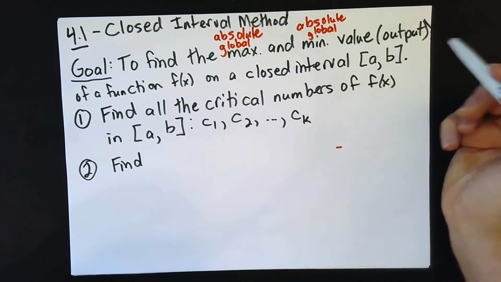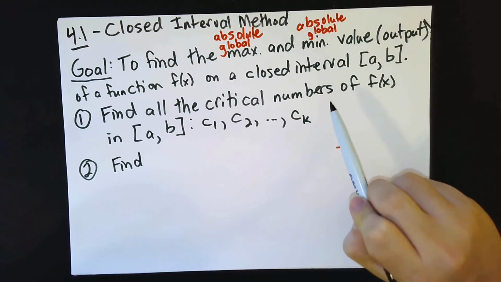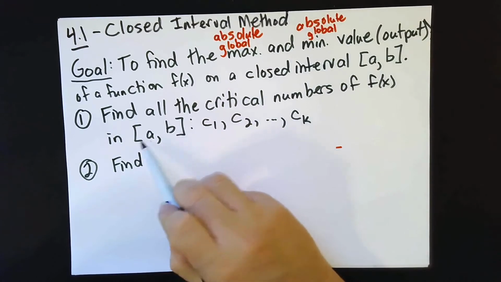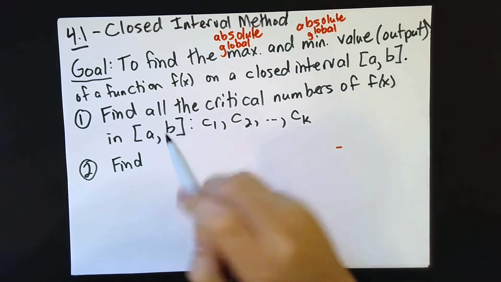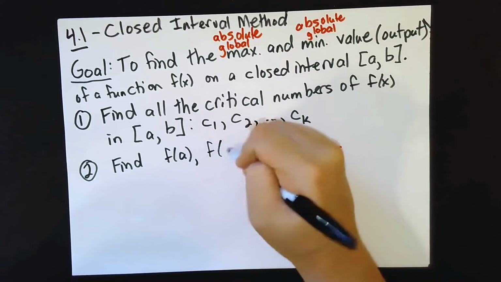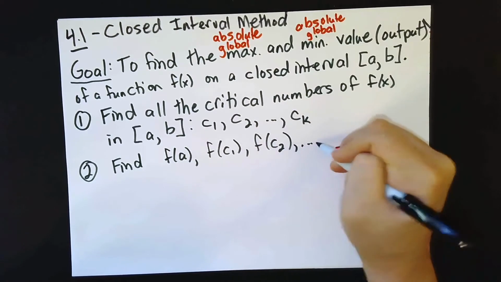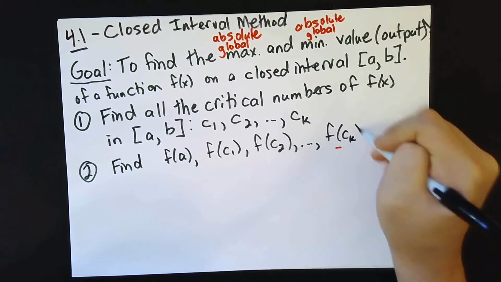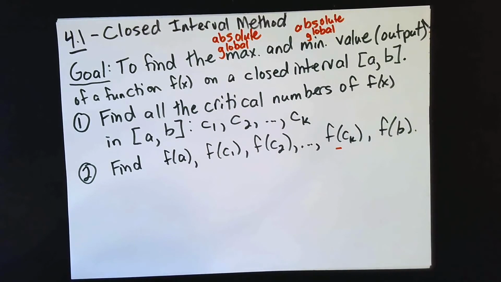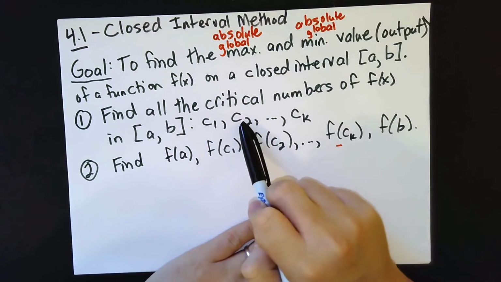The next thing I have to do is decide, okay, these are the inputs, which of the outputs is the biggest? But I also have to, and I'll show you some graphs in a minute, check the endpoints. So I'm going to check f of A, f of C1, f of C2, f of CK, and f of B. So, in practice, usually there's going to be one critical number or two critical numbers.